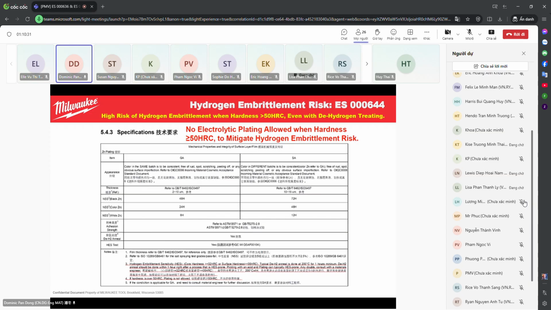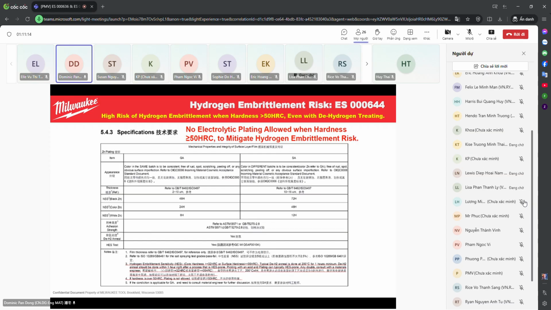But for any steels of ferrite or martensite structure with a core hardness higher than 32 HRC or a surface hardness higher than 35 HRC, we request a hydrogen annealing heat treating process. Usually it should be 200 Celsius for 4 hours, and it must be done within 1 hour after the parts leave the electrolytic plating line. The shorter, the better.